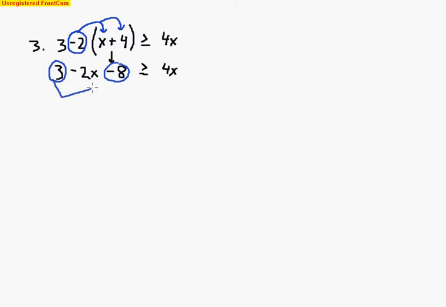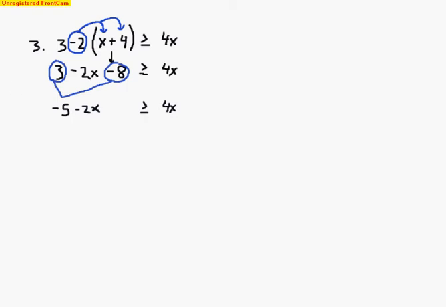So if we were to combine these, we look at the signs in front. This is a positive 3, this is a negative 8. We subtract these two numbers because they are opposite in sign. So here we're left with negative 5 minus 2x is greater than or equal to 4x.